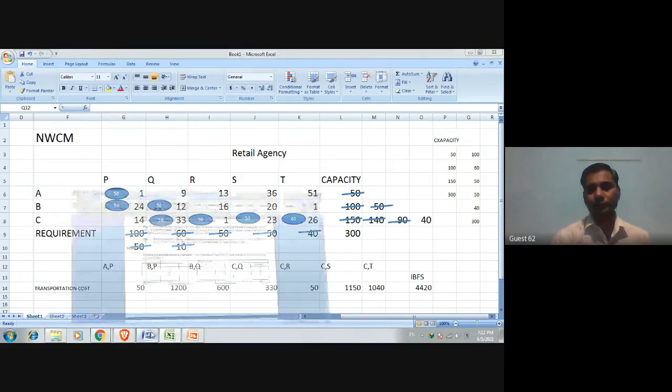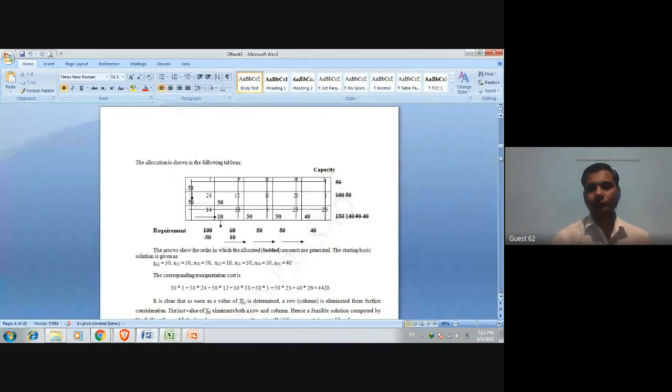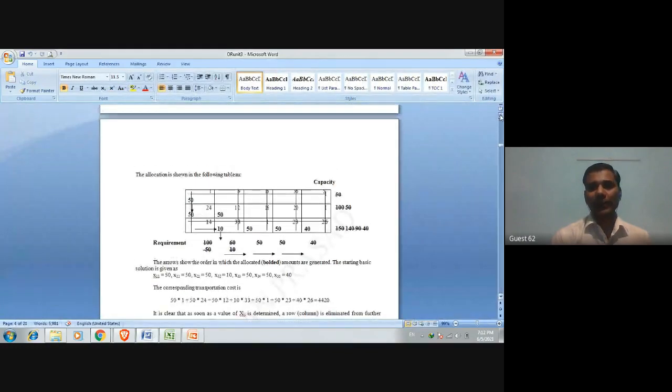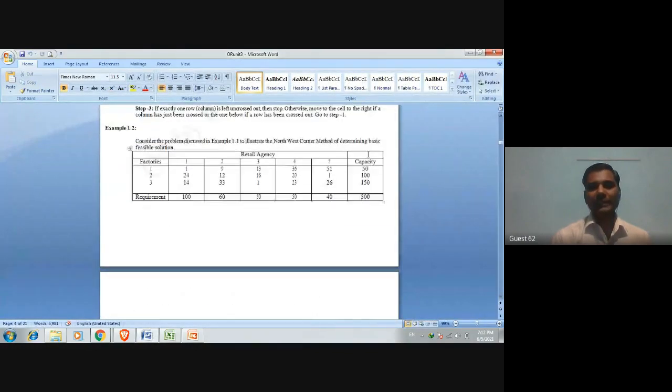Let's check the answer. The problem that I told you in the Excel sheet, this is the problem. Okay. These are the factories and these are the retail agencies. Capacity of the factory 1, 2, 3 is 50, 100 and 150. And the requirement of retail agencies 1, 2, 3, 4, 5 is 100, 60, 50, 50 and 40 units.